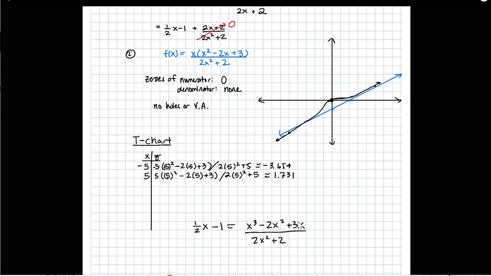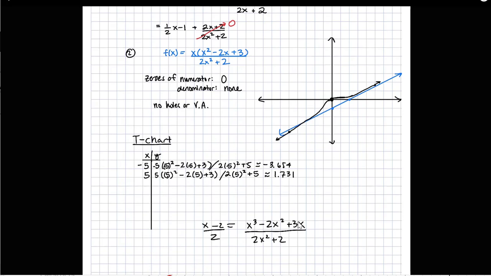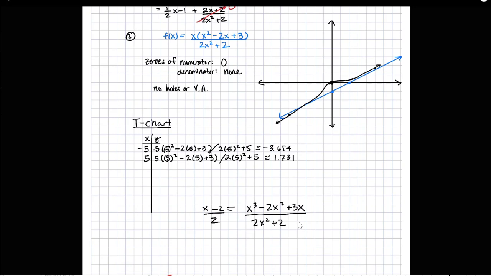So this would be like having x over 2 minus 2 over 2, x minus 2 over 2. It's just by taking something that was two terms, getting a common denominator. Okay, and then cross multiplying that is going to be kind of a beast. 2x cubed plus 2x minus 4x squared minus 4.